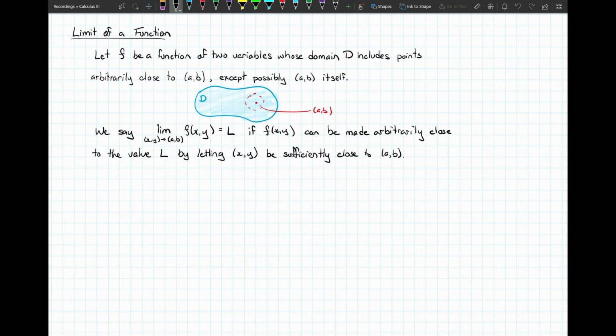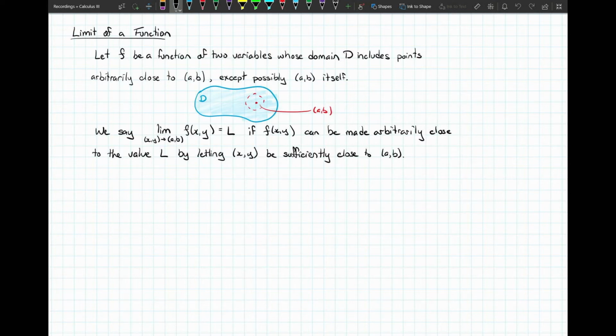Essentially, just by shrinking the radius of this disk small enough, we should guarantee that every point within that disk is within some desired margin of error from that value L. We could make that margin of error as small as we like, and all we'd have to do is make sure that this disk is small enough to ensure that we're within that little tolerance of the value L.